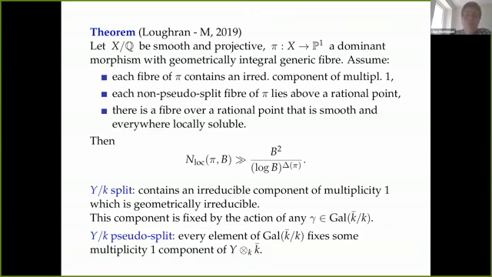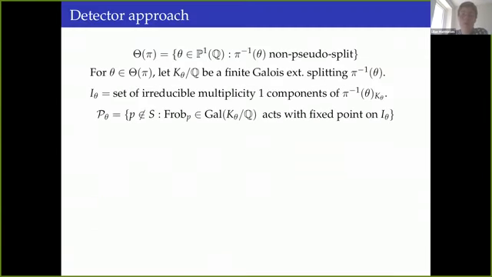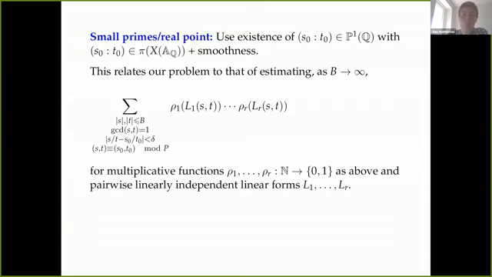From the combinatorics point of view, if you compare the combinatorics input that comes in here, you have to evaluate linear correlations for functions that are 0, 1 valued. They're just indicator functions. While before you were looking at certain representation functions.